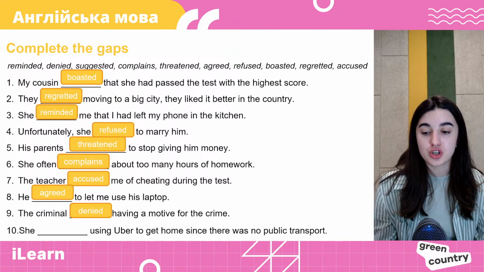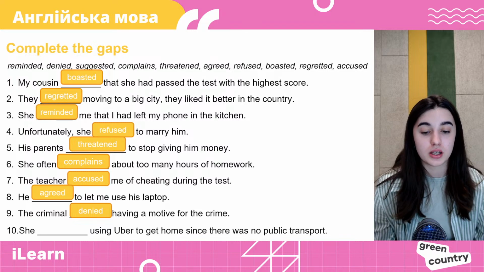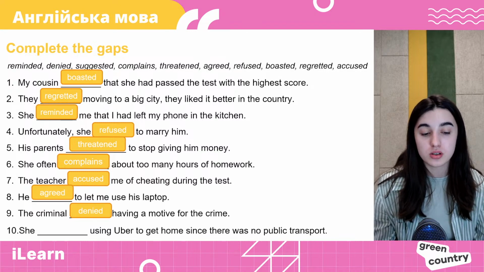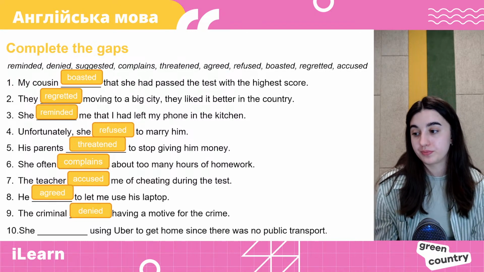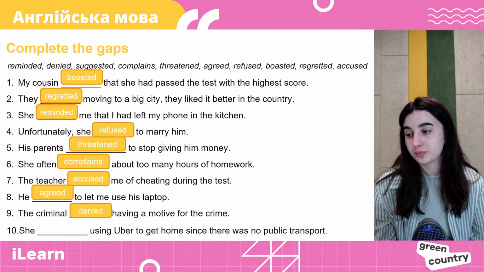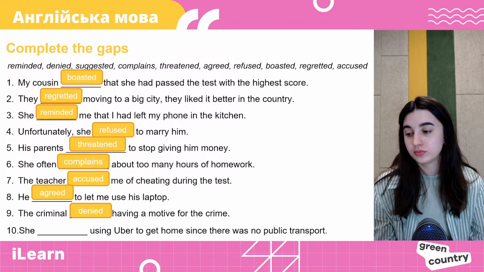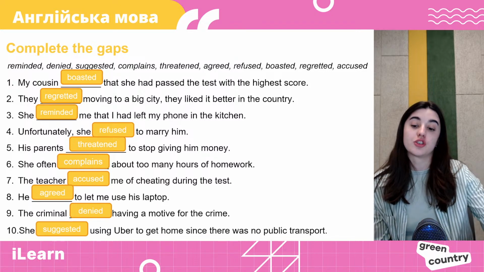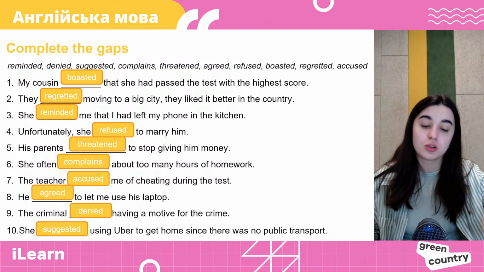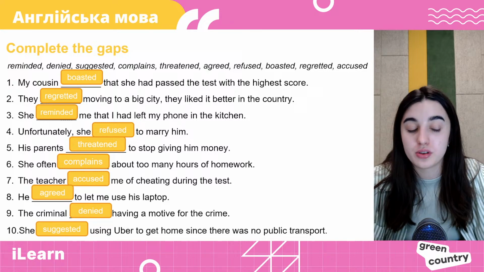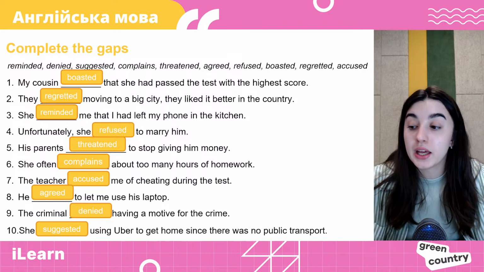And the last, she suggested using Uber to get home since there was no public transport.